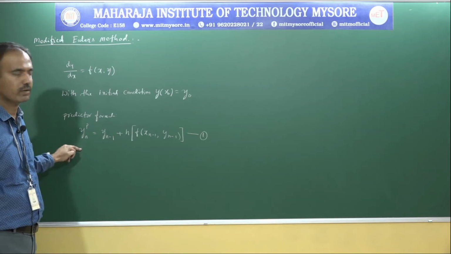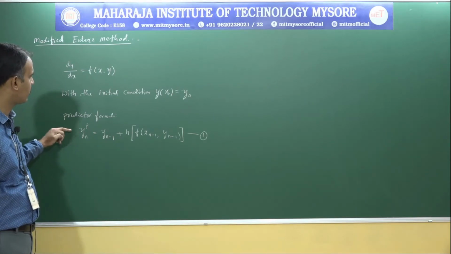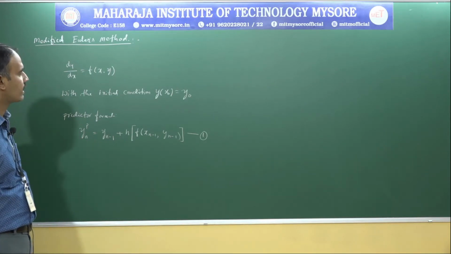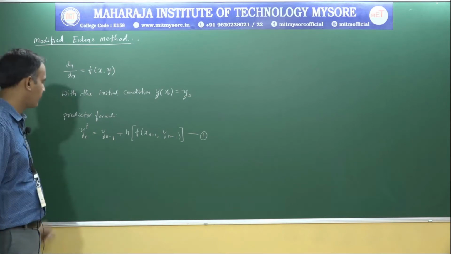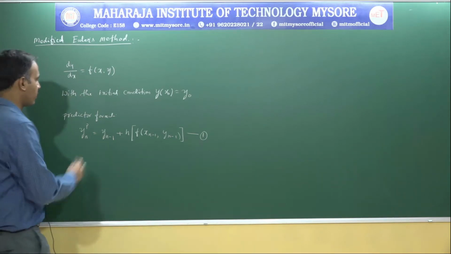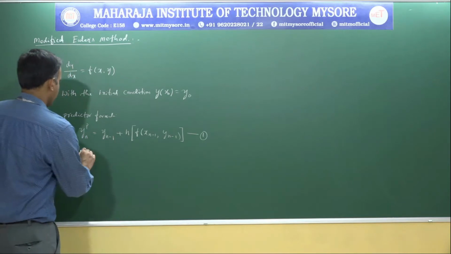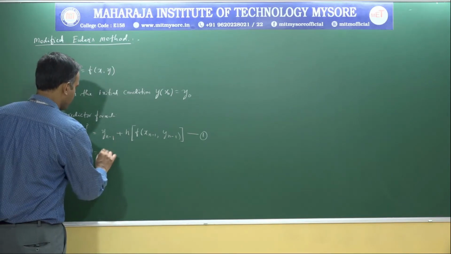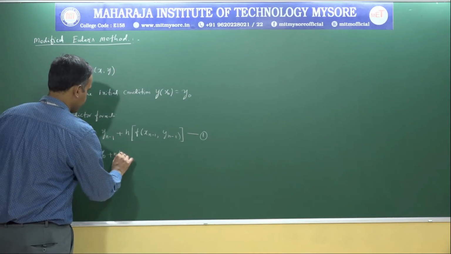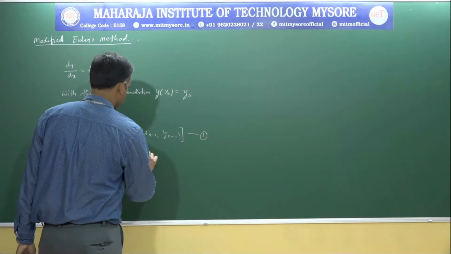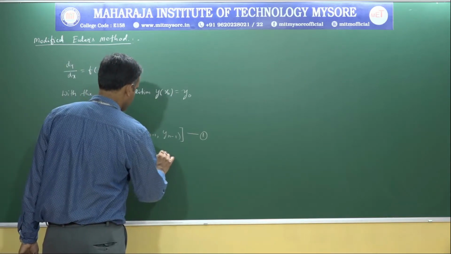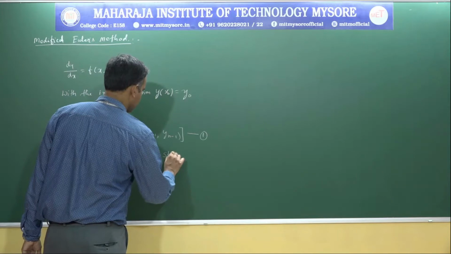First we predict. We can consider in terms of Euler's predictor formula, we can estimate the corresponding yn values at the particular point of x n is equal to x naught plus nh. Here h is the step length.